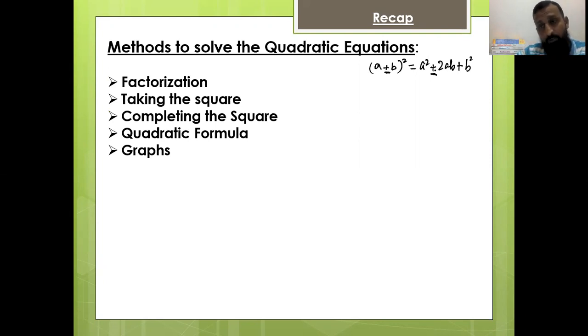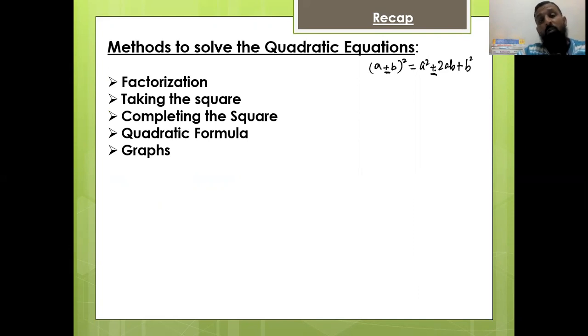In a upper column, we write out that coefficient of x, we divide it by 2, we square it, and finally we need to add and subtract it from the given equation. So then we are able to make a perfect square, and then finally we again apply taking square root method to get our desired solution of the quadratic equation.